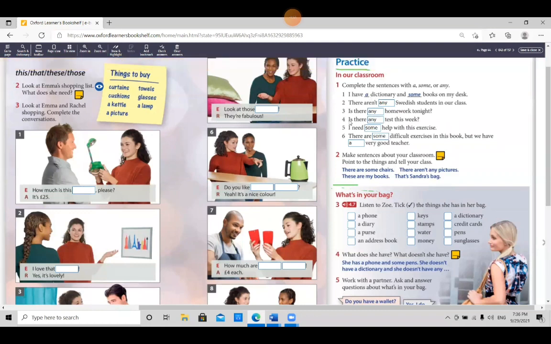For example, is there any test this week? This is a question. If it is positive, it should be there is a test this week. But when I change it to a question, I delete a and I use any.